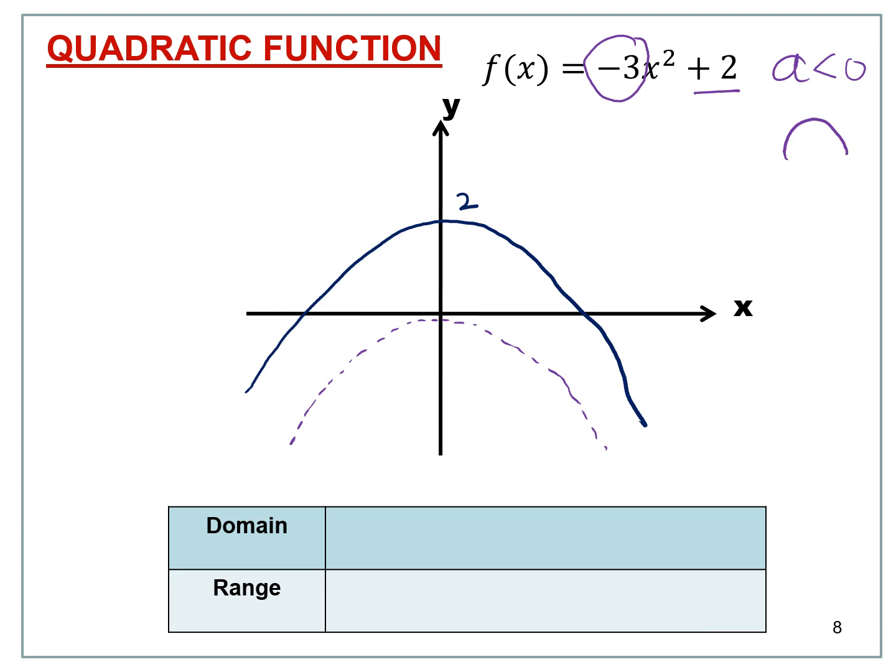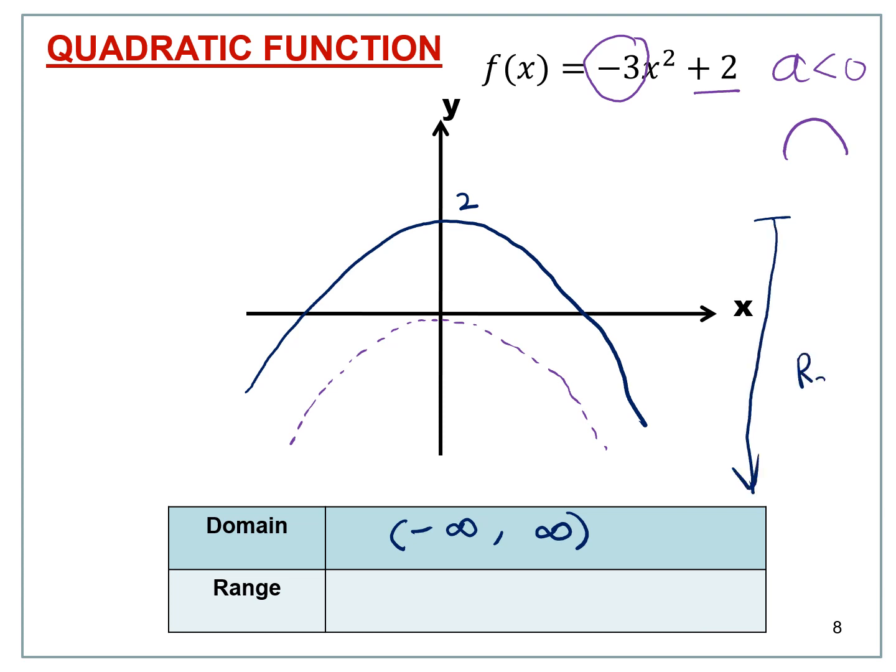After that, from this graph, we can write the domain. All the set of x are defined, so this is -infinity to infinity. And the range, okay, look at the graph. Above 2, more than 2, there is no graph. But the graph exists from 2 and below.